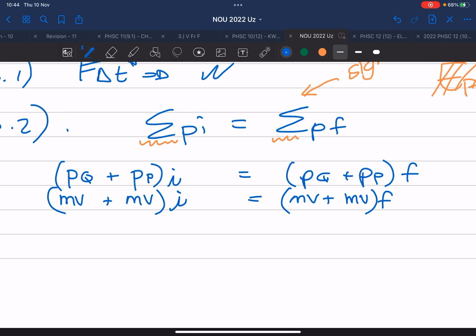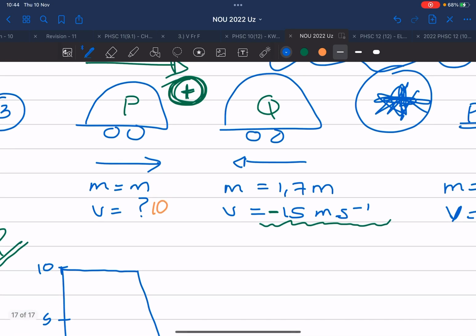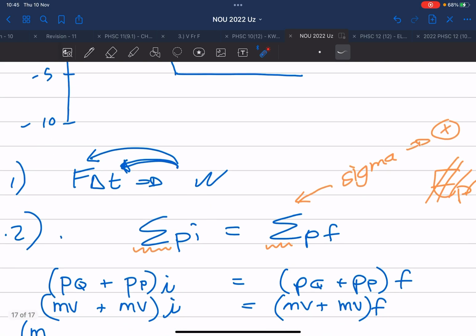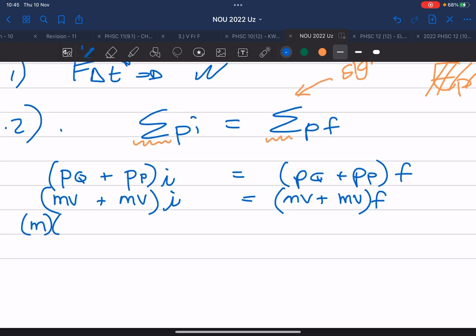The 2 objects was the mass M. Ek gaan vinnig opgaan. M and the velocity was 10. So M times 10 plus the other one's mass was 1.7 m times negative 15.